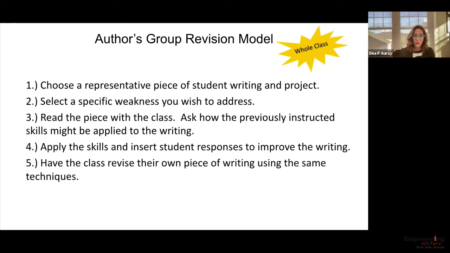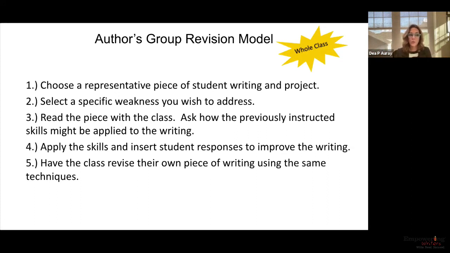So typically what it looks like is this. Before we ever start, we identify an area that we want to really work on. And then we choose a representative piece of student work. And I'm going to tell you now, sometimes it's a student in my class. Sometimes it might be a student in Diane's class. Depending upon how I want to handle that, I take it, and nobody knows because it's always anonymous.